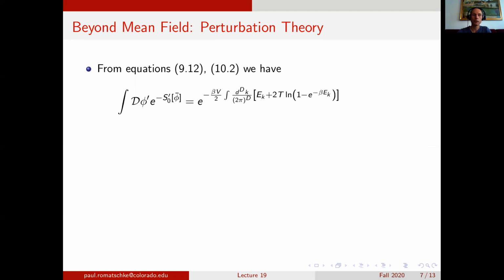Using the results from lecture 9 and lecture 10, the path integral over phi prime of the action S_0 prime is given as an exponential of an ordinary integral over an expression that involves E_k, defined as the square root of k squared plus m squared. That is nothing else but the exponent of beta times the volume times the free pressure at temperature T.